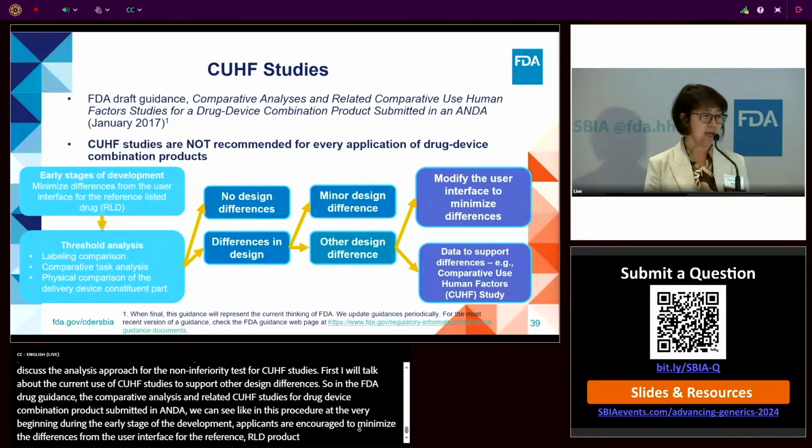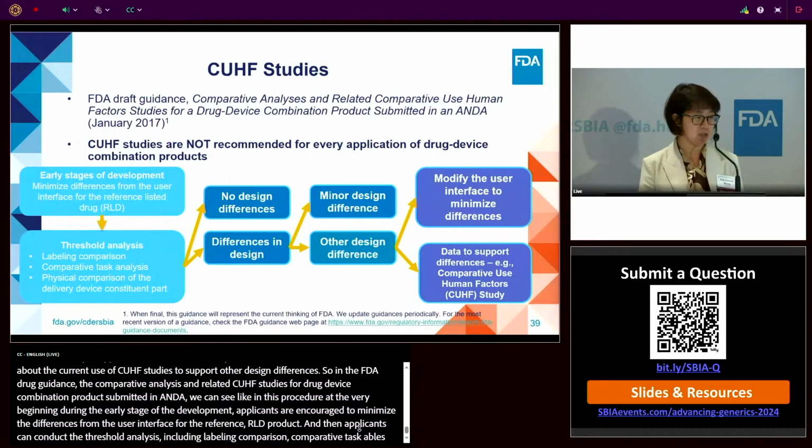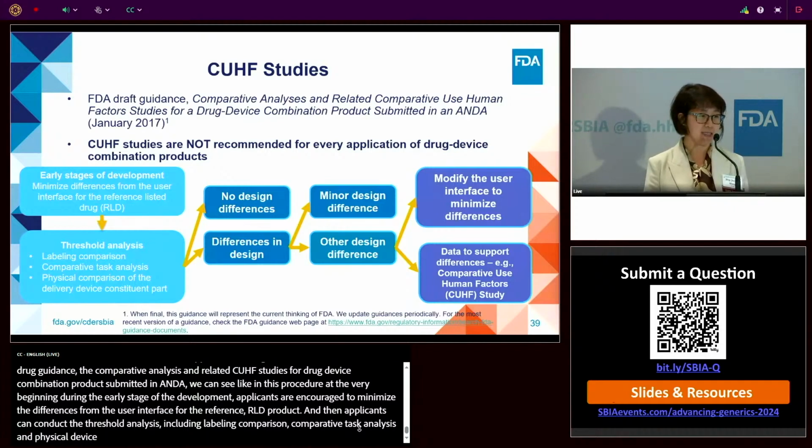And then applicants can conduct the threshold analysis, including labeling comparison, comparative task analysis, and the physical comparison of the delivery device constituent part. So the result from the threshold analysis may be no design differences or differences in design.